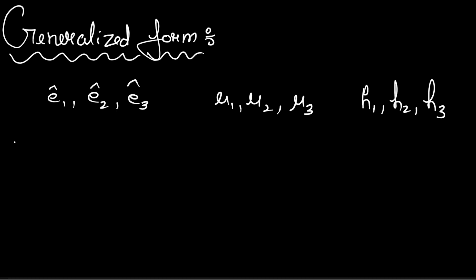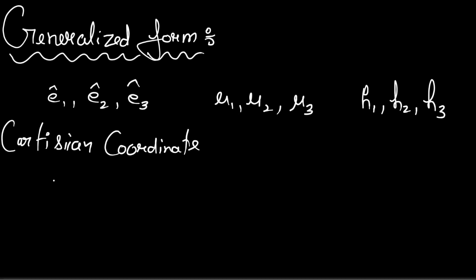And let me write all the things for the Cartesian coordinates system. E1, E2, E3 are x cap, y cap and z cap, and u1, u2, u3 are x, y, z.